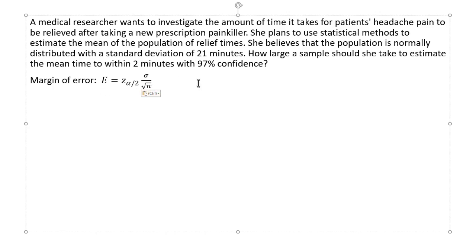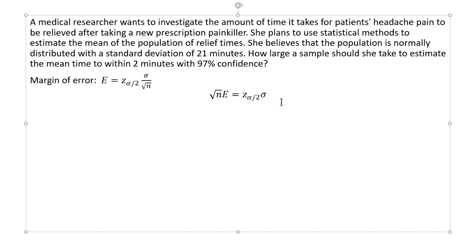So let's do that. Let's multiply both sides by square root of n. So you have square root of n times E equals this z alpha over 2 times the sigma. Then your goal is to find the value of n, right?